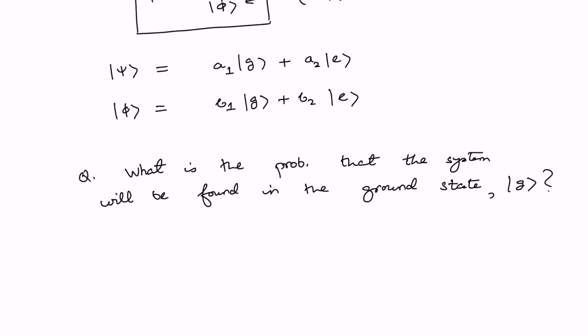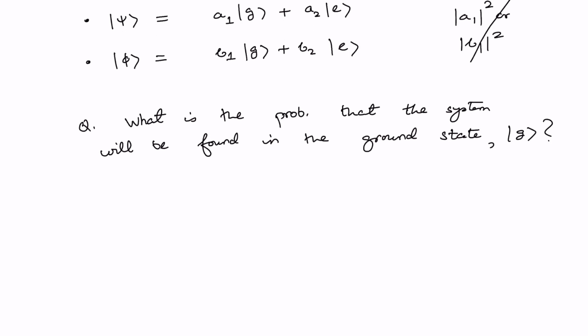You may say that it may be a1 mod square or b1 mod square, just by looking at these equations for ket psi and ket phi, but that is not going to be the correct answer. We have to answer it a little bit carefully.